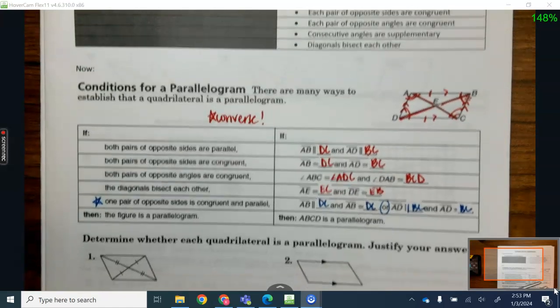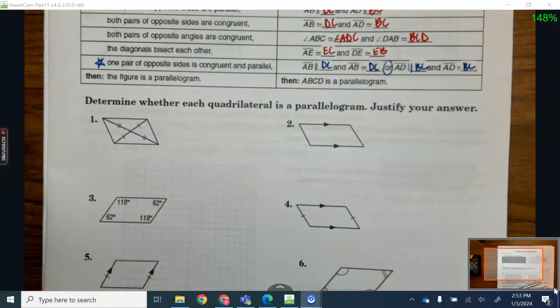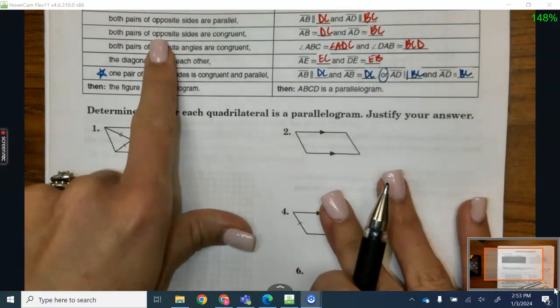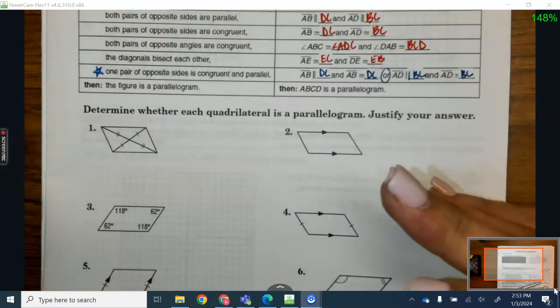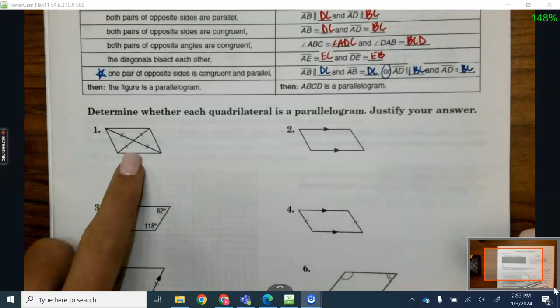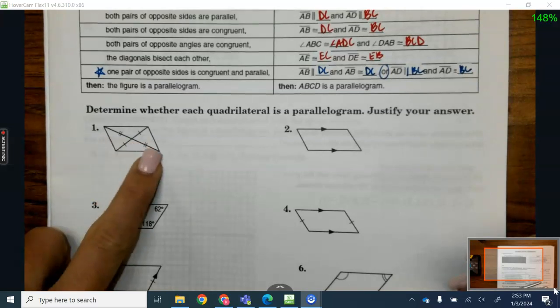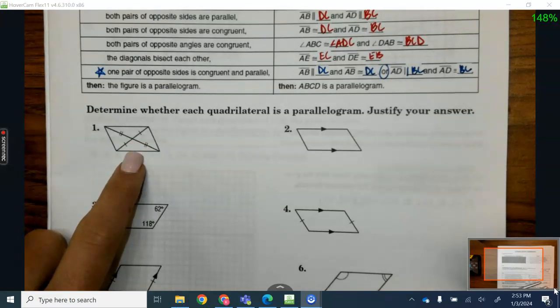Okay, so we're going to use what we're given right here in this section to determine, does it meet any of these conditions, right? I can just have one to prove that it's a parallelogram. So if I'm looking at figure 1 right here, this should be regarding the diagonals, right?